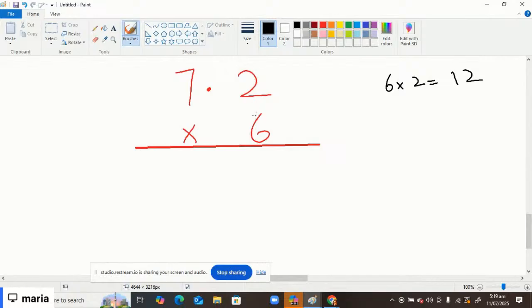So which number do you put here? We always put the right side digit down and move the left side digit up.